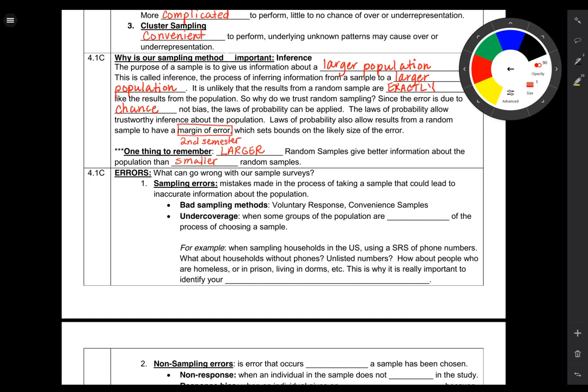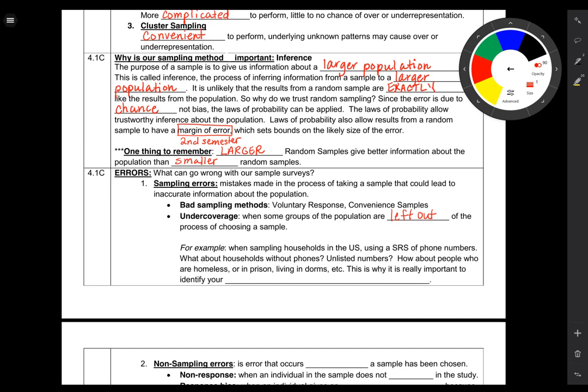And the second one is undercoverage, when some groups of the population are left out of the process of choosing a sample. It's not done deliberately, but things aren't thought through, and so that's why individuals are left out. For example, when sampling households in the US using a simple random sample of phone numbers, what about households without phones or people with unlisted numbers?